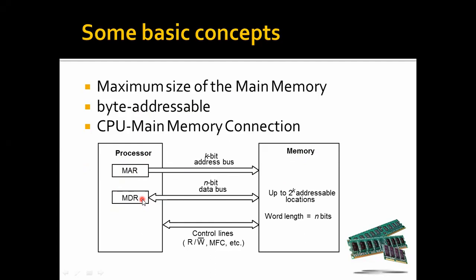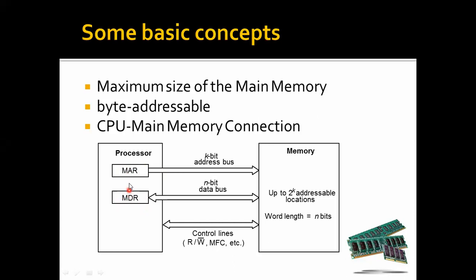What is the purpose of the memory address register and what is the purpose of the memory data register? MAR holds the address locations of the data. MDR holds the data which is required to execute the instruction.